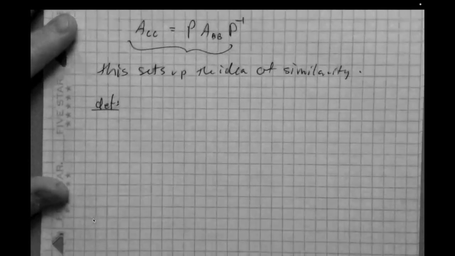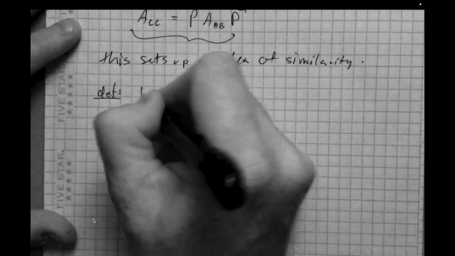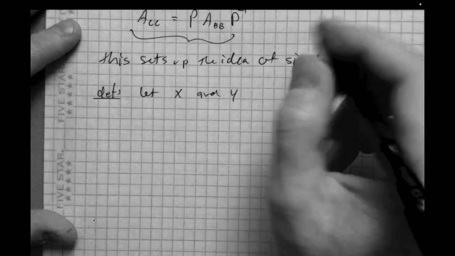Okay, now here's the definition. Here's how we've defined similarity. We'll let X and Y be n by n matrices.